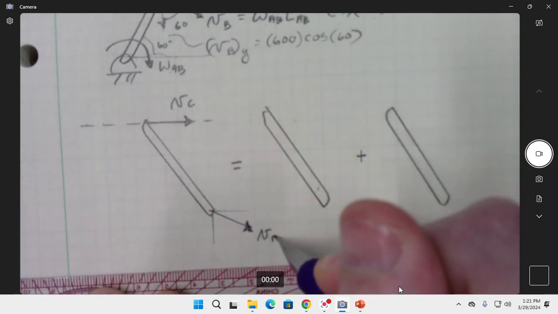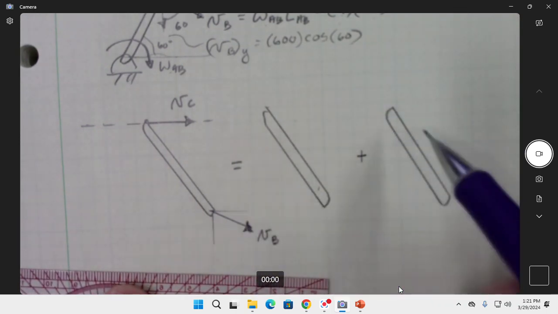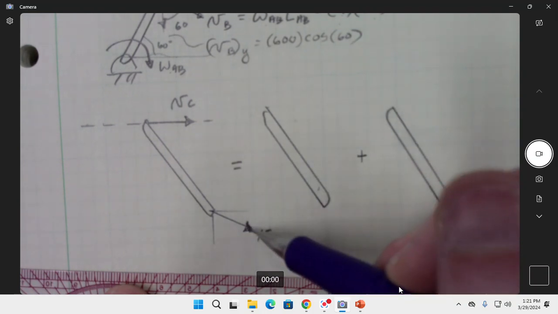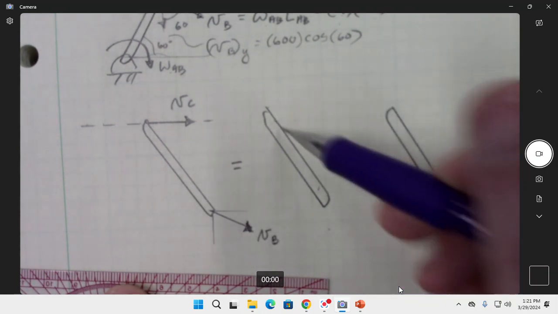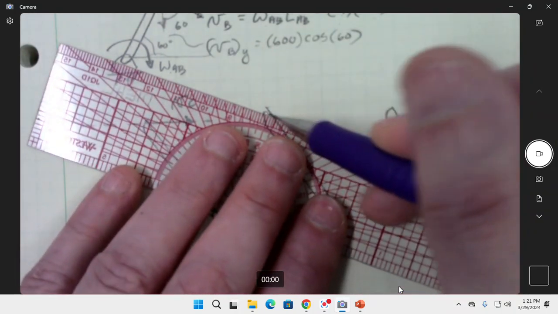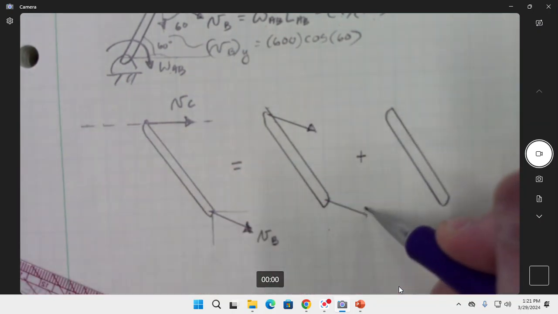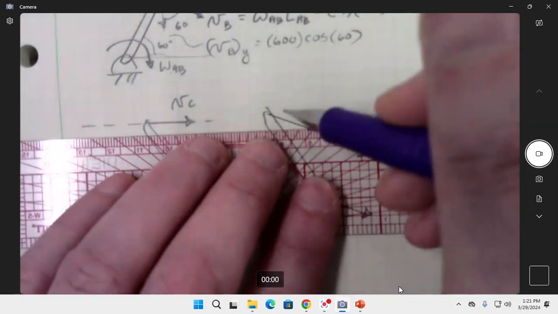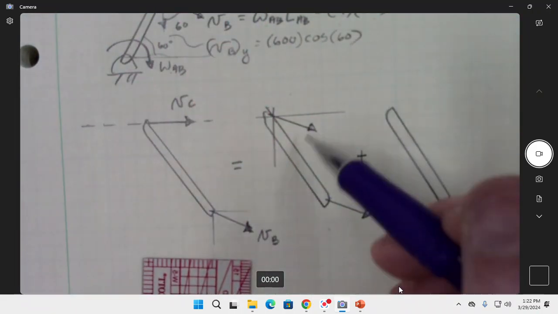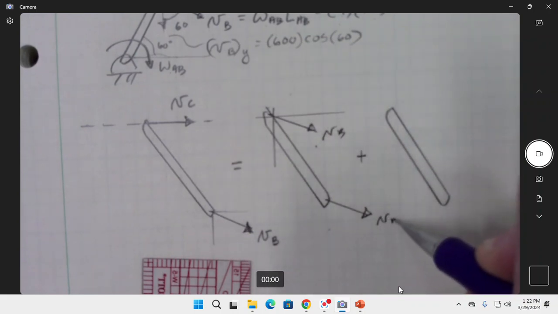And then this is the one that we know, VB. So our main idea here in what they're calling the relative velocity method is to put VB in both locations on the second diagram, because that's the translational one. We're going to break that VB in a moment into two parts.